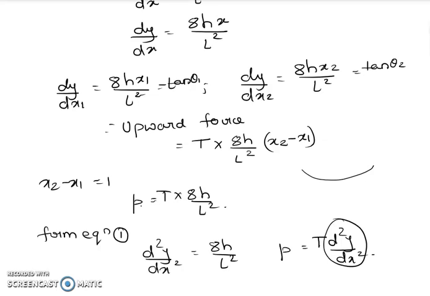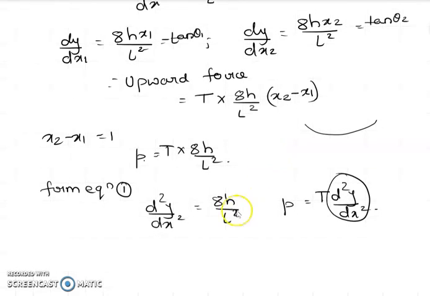So by considering the different shapes of the tendon, the load can be balanced. This is what is proved in this particular concept. So the load balancing concept is basically that you balance the external load with the help of different shapes or profiles of the tendon that is provided in pre-stress.